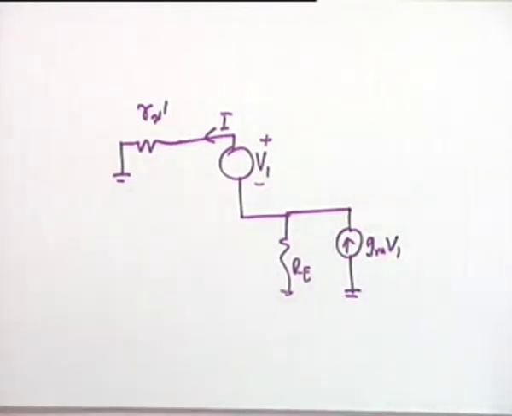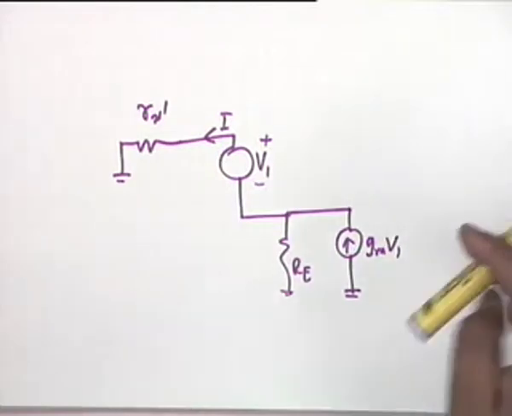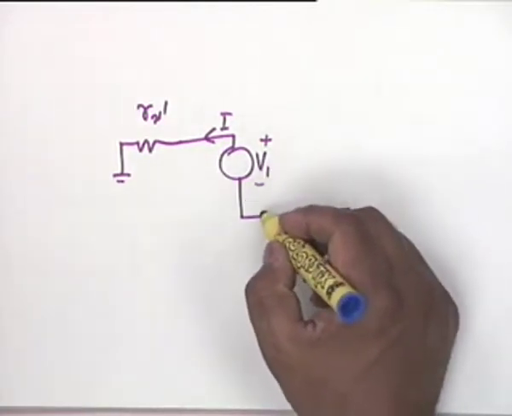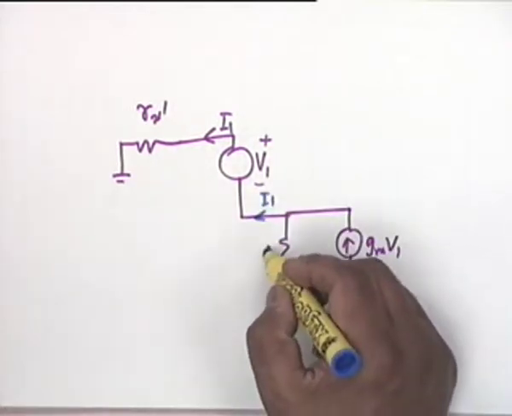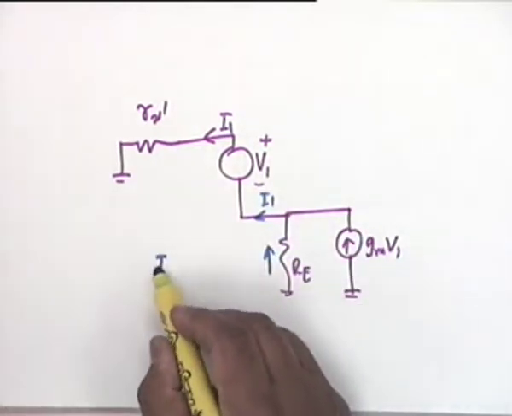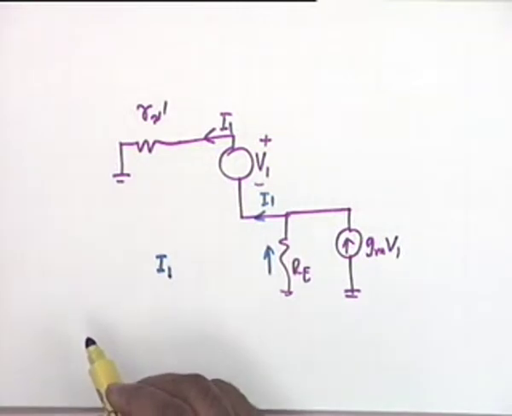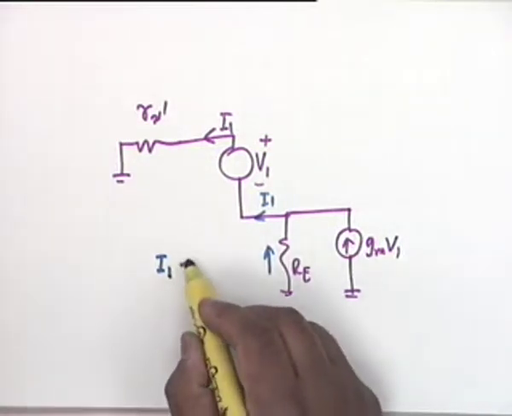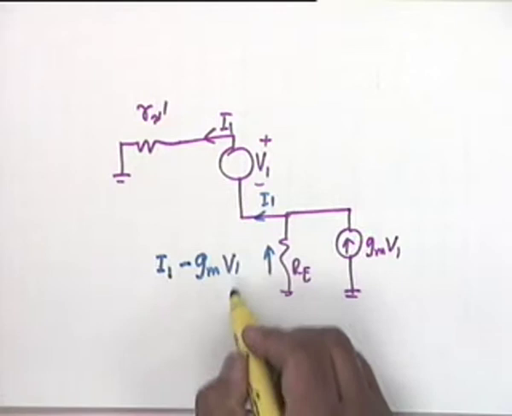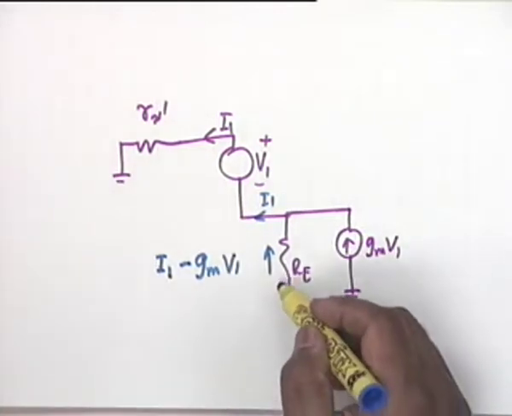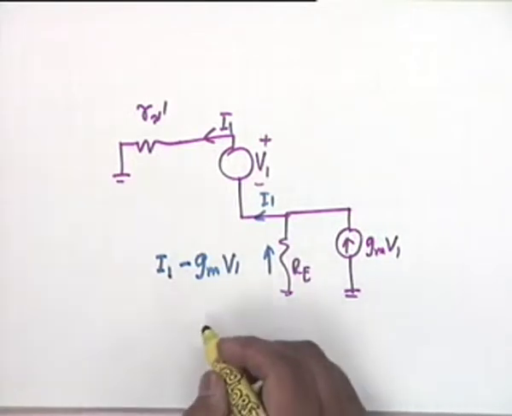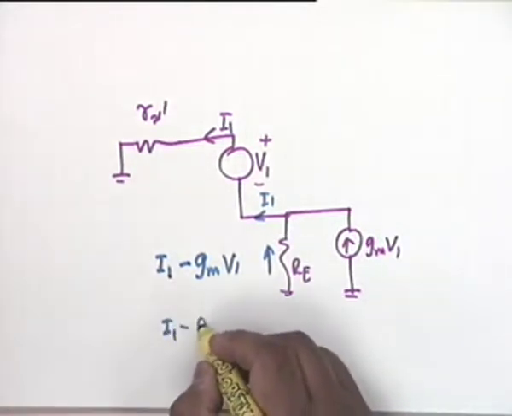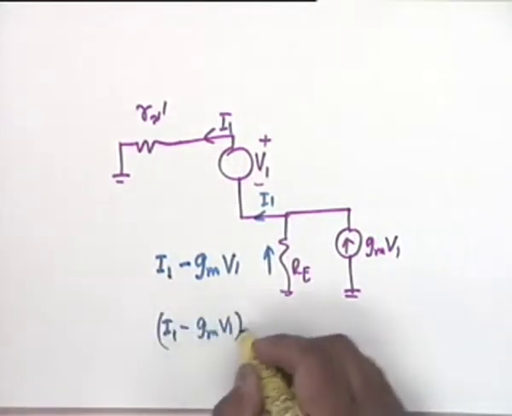Okay, and by inspection you can see that this current is I1, so this current must be I1 minus GMV1, and therefore if you write KVL around this loop, you get I1 minus GMV1 times Re.